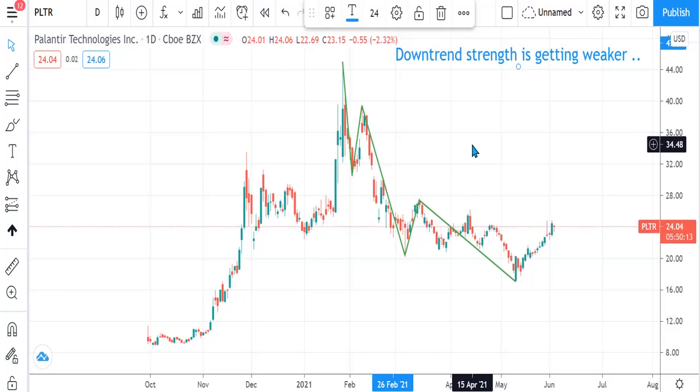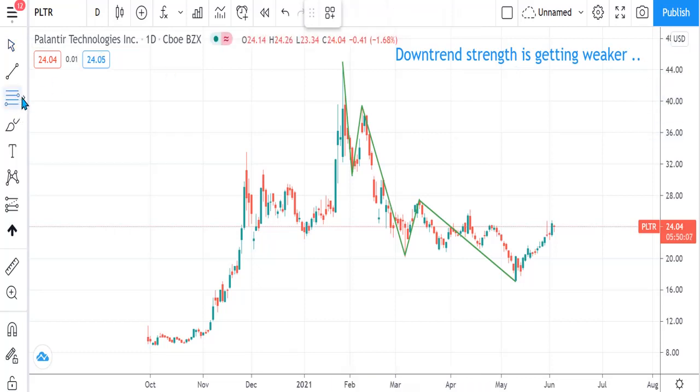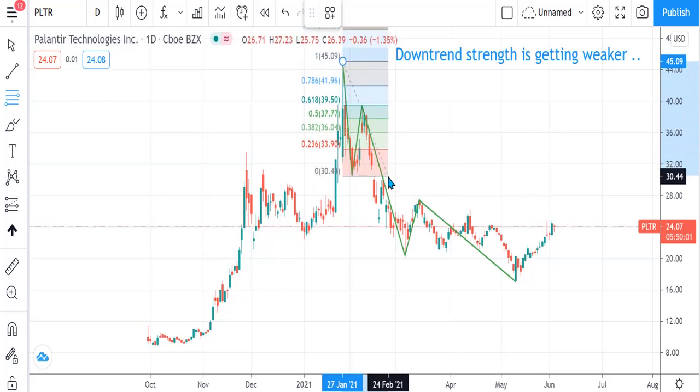Okay, the next thing we're going to look at is the power for it to go down. So we can start to analyze the power to go down by using this Fibonacci retracement tool. So I'll take from the up here to the down here. The power here measures what is the ability for this particular stock to go up.